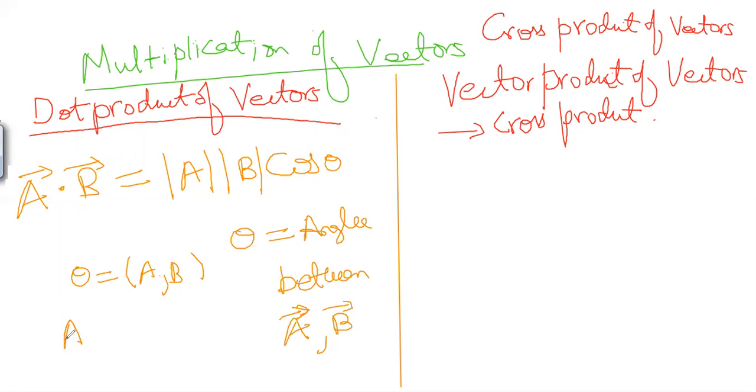This chapter, vectors, is going to be in second year in maths. Cos, there is a bracket open, a bar comma b bar. What does that mean? The angle between a bar and b bar. That's what it means. Yes, sir. So simple. So a bar dot b bar is nothing but the modulus of a bar into modulus of b bar into cos of the angle between a bar and b bar. Okay. Clear?